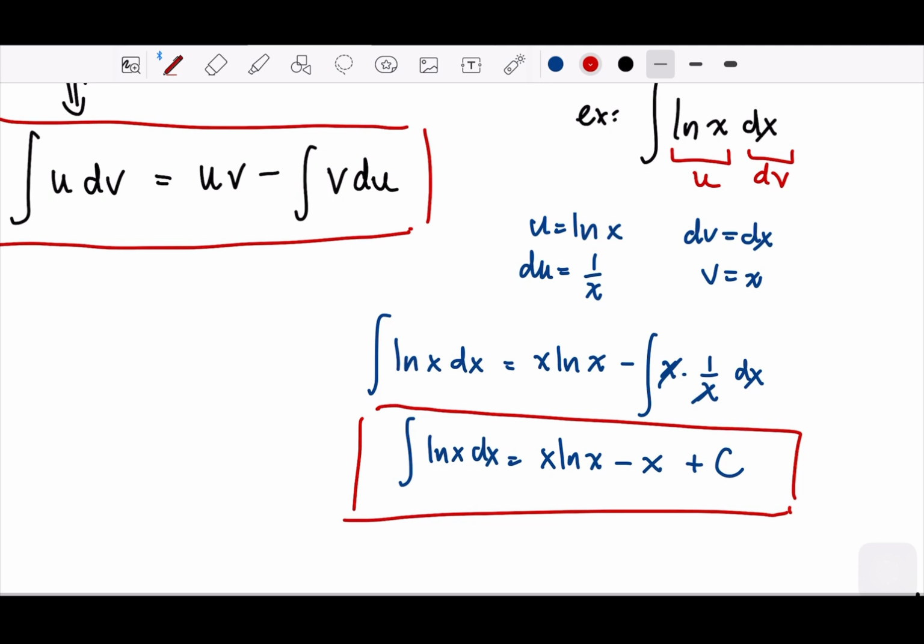If you are not able to substitute, you can go through integration by parts, or maybe some other technique as we follow through chapter 7. But the two methods that will be used most often are substitution and integration by parts. The other ones may be more efficient, but not for all cases.